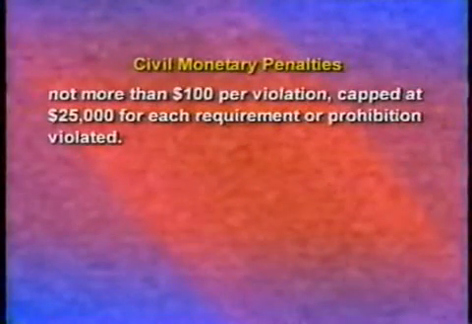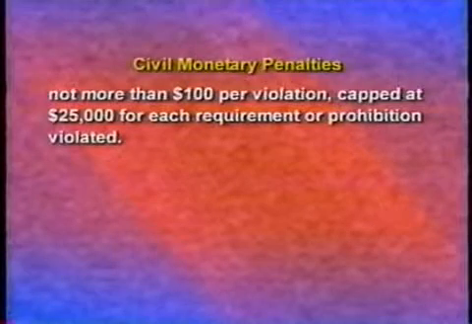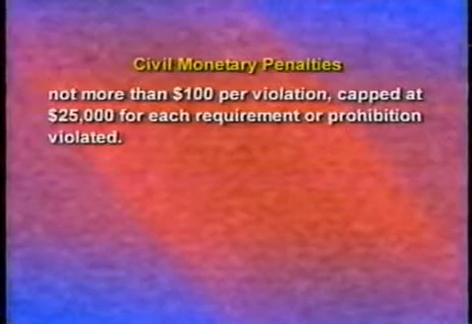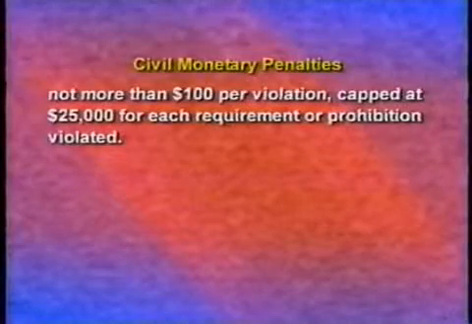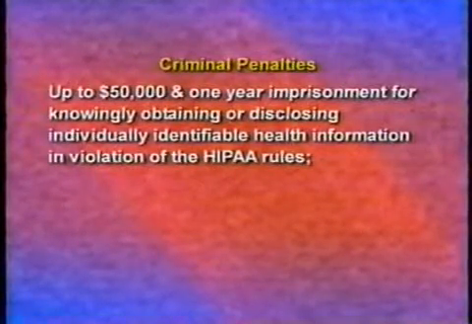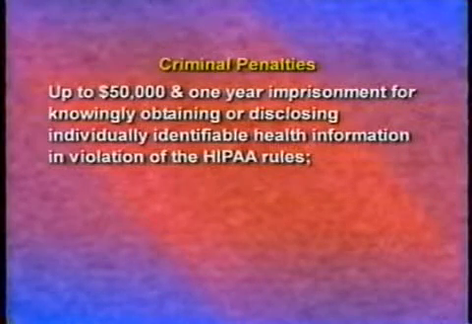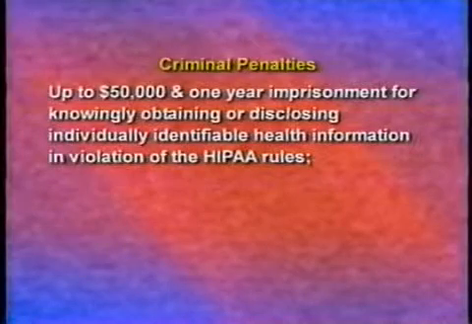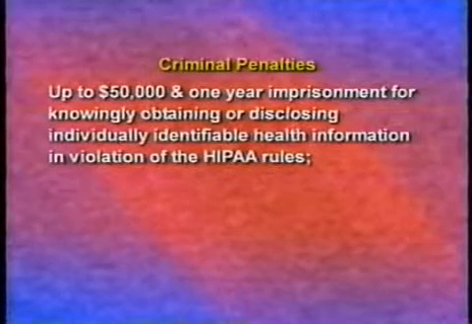And what are the penalties? Civil monetary penalties of not more than $100 per violation, capped at $25,000 for each requirement or prohibition that is violated. Criminal penalties of up to $50,000 and 1 year imprisonment for knowingly obtaining or disclosing individually identifiable health information in violation of the HIPAA rules.